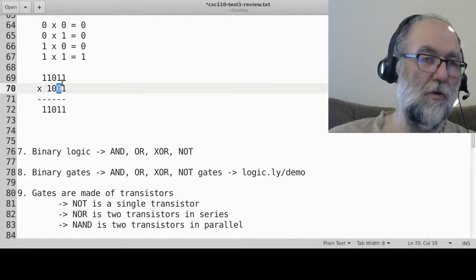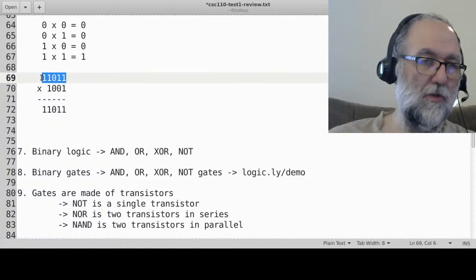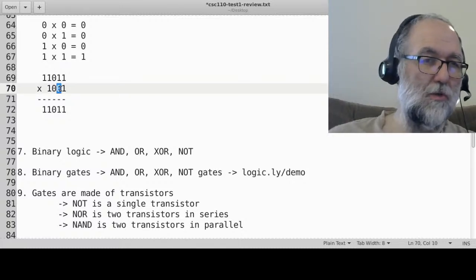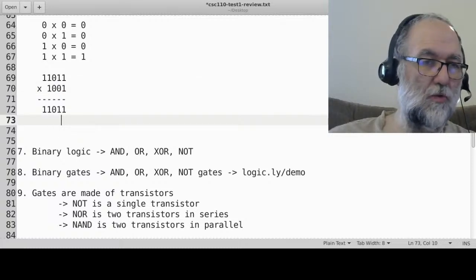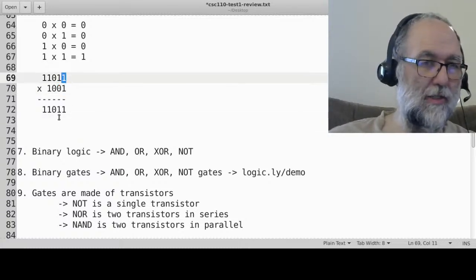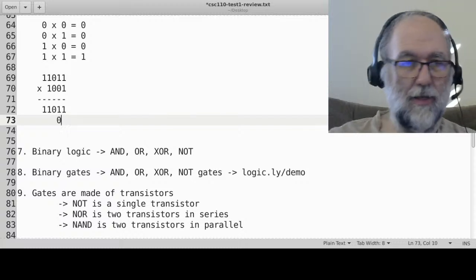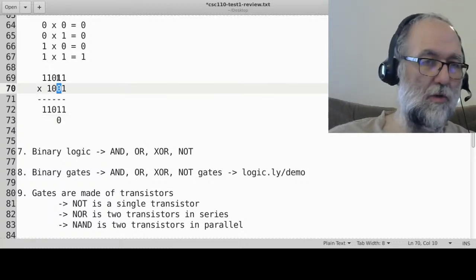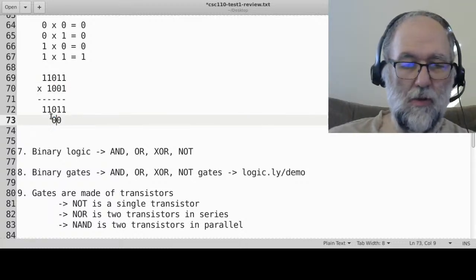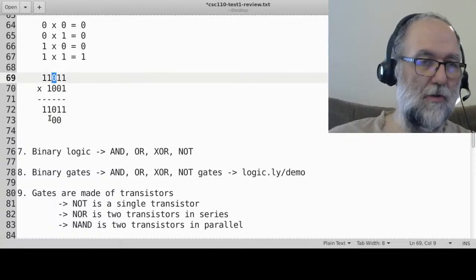Now if you do 0 times everything, you're just going to get zeros. So all of those digits just get turned into zeros. But since that's in the 2's column down here, you want to start in the 2's column. So you would do 0 times 1 is 0 right here, then 0 times 1 is 0, and then 0 times 0 is 0.